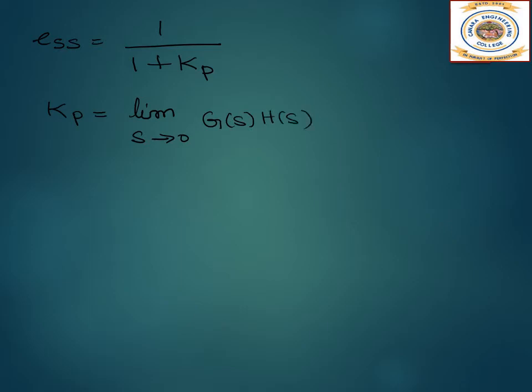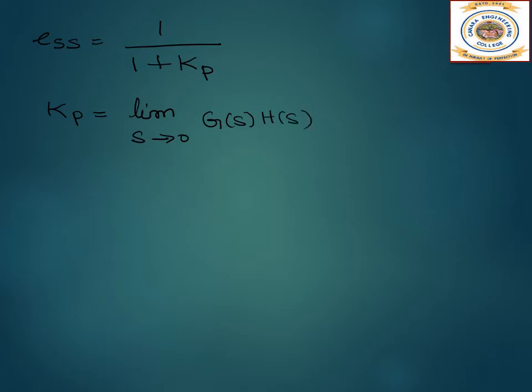So what we'll do, we will write ESS as 1 by 1 plus KP, where KP is equal to limit s tends to 0 of G of s into H of s.